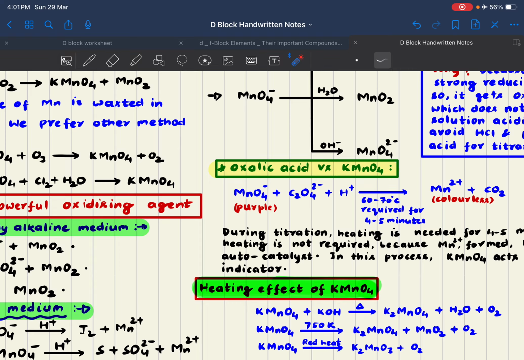Why? Because when you start heating, the reaction proceeds and some amount of Mn2 plus forms, right? Suppose you took 1 mole of each, and 0.1 mole has been consumed, so you will get 0.1 mole of Mn2 plus.